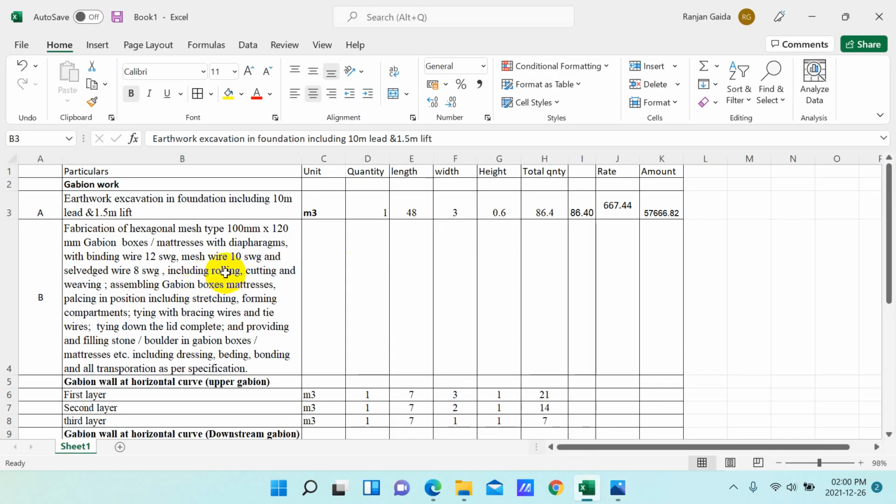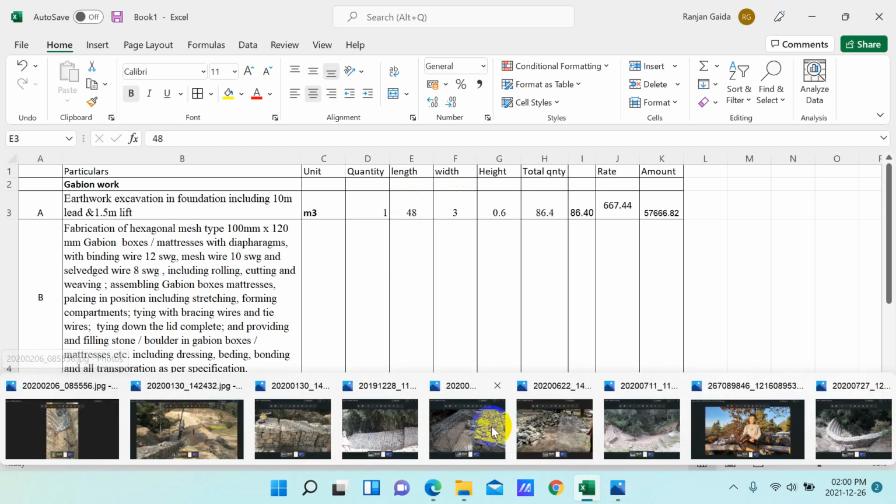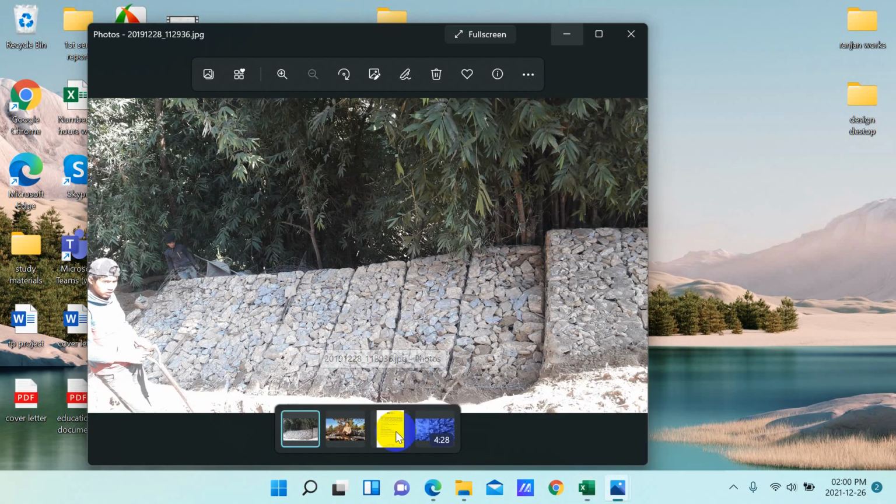The gabion wall that we are going to construct has a length of 48 meters and a width of 3 meters.